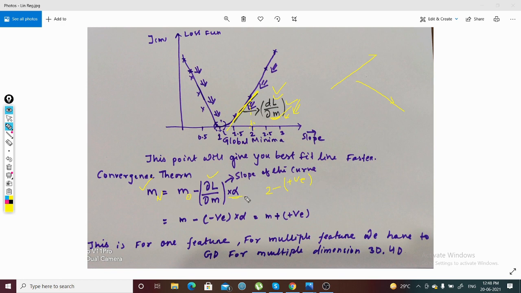You can take any value from 0 to 1 according to your need, supposedly 0.01. So 2 minus this value: a negative times a positive will give some minus value, right?